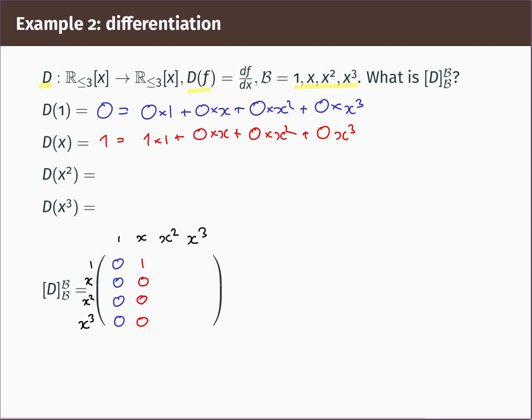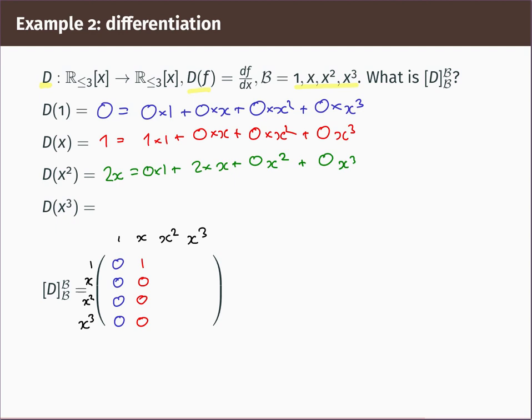Okay, let's keep going. We want D of x squared. D of x squared is 2x, which is 0 times 1 plus 2 times x plus 0 times x squared plus 0 times x cubed. So let's just put that in.